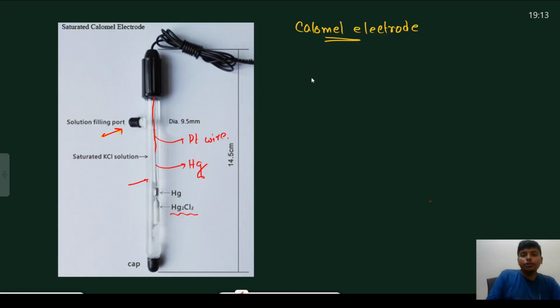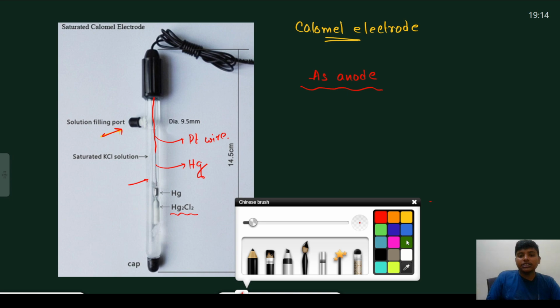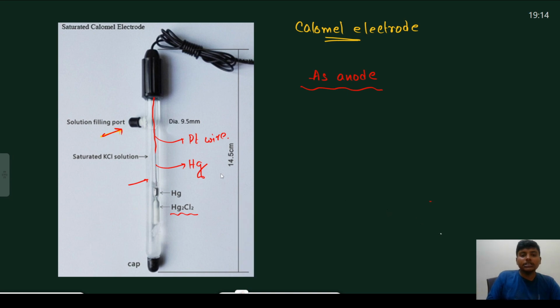Next, suppose you use this as anode, then what will happen? Simply, what is the oxidation state of mercury in Hg2Cl2?